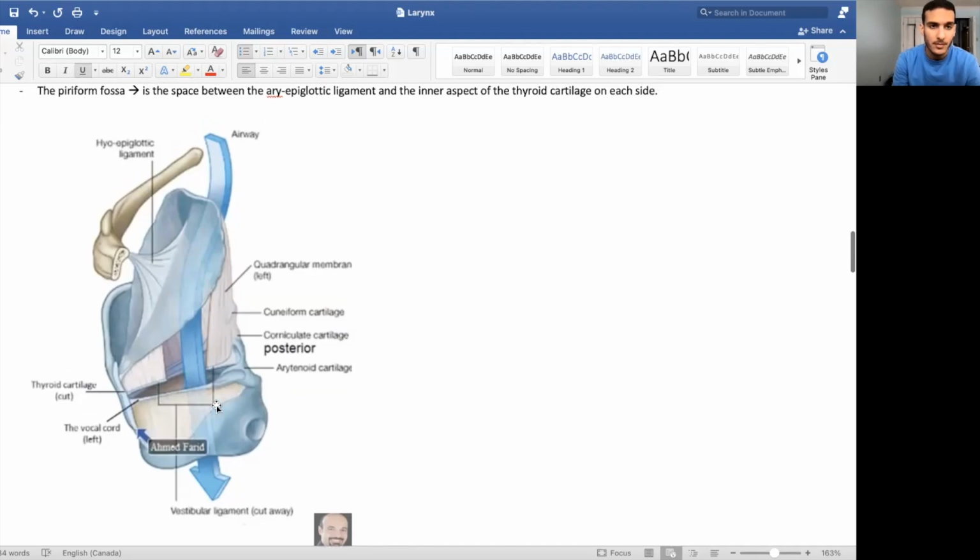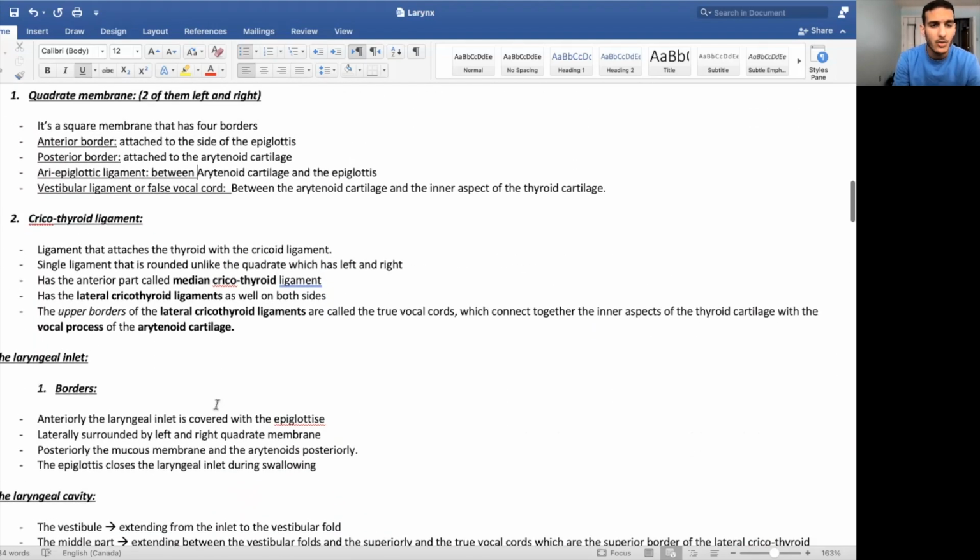Again, the cricothyroid ligament is found on the circular aspect inferiorly, so the inferior part of it is found on the superior part of the cricoid cartilage, and when it extends upwards, it reaches the true vocal cords that connect the arytenoid cartilages with the anterior inner aspect of the thyroid cartilage.